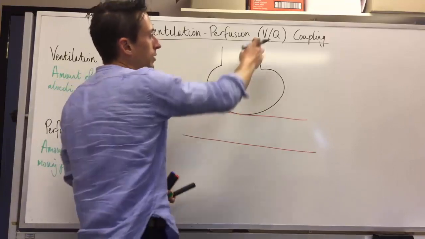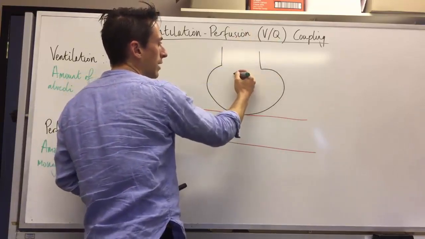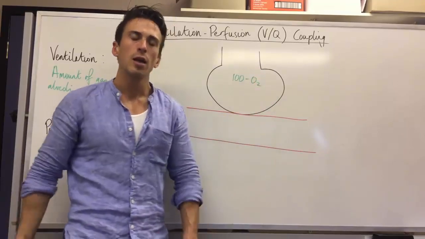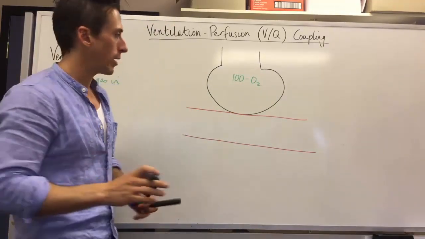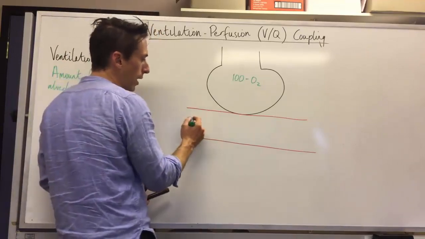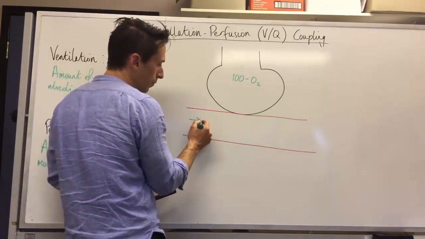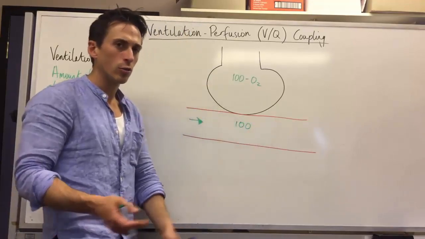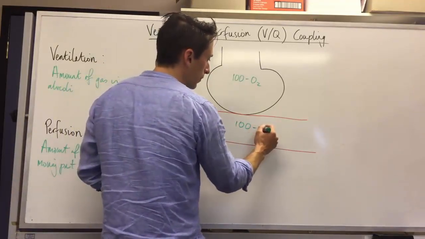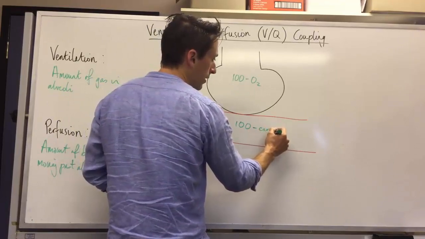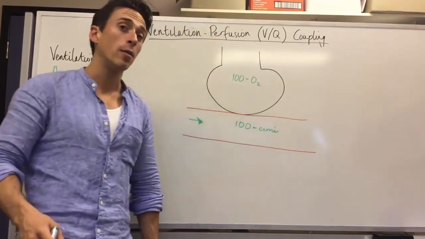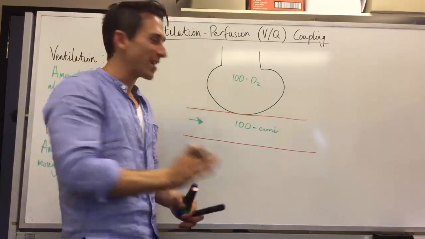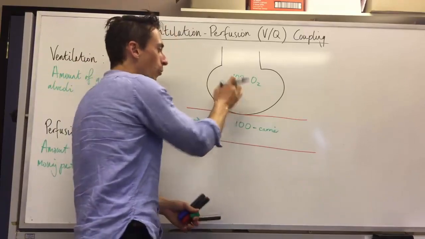Let's just say we inspire some air and we have in that inspired air 100 units of oxygen, whatever that may mean. And let's just say of the blood that's going past, we have 100 carrier units of oxygen, so basically hemoglobin. But you know that one hemoglobin carries far more than one oxygen. But for simplicity's sake, let's just say that one carrier carries one oxygen.